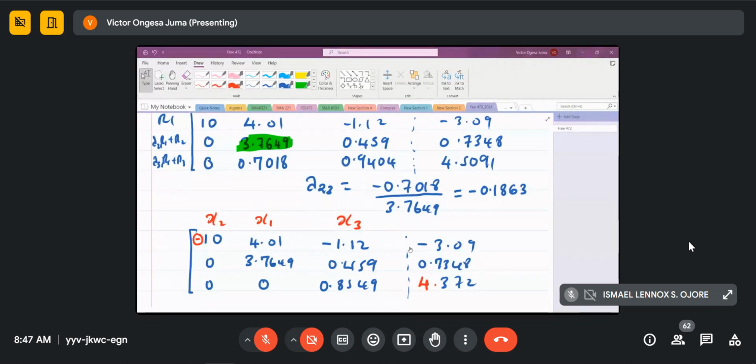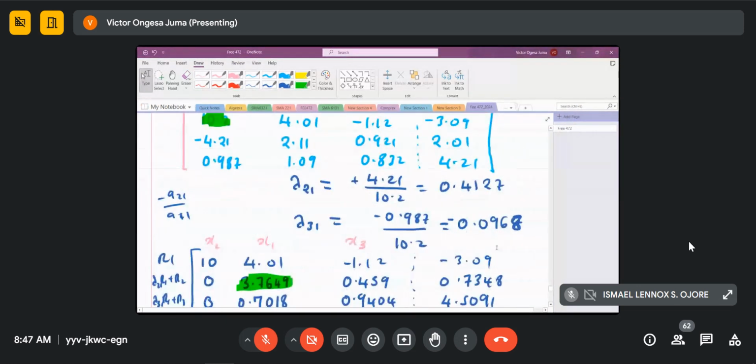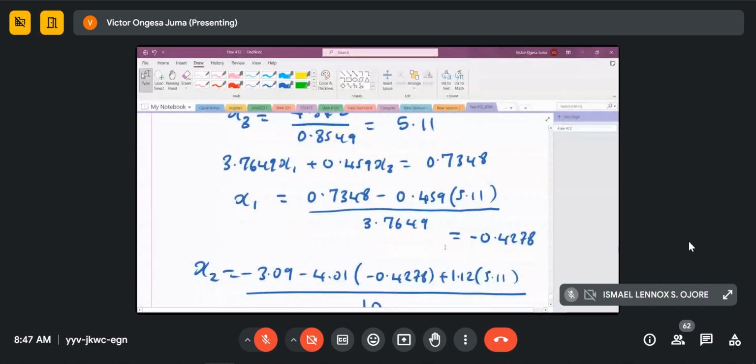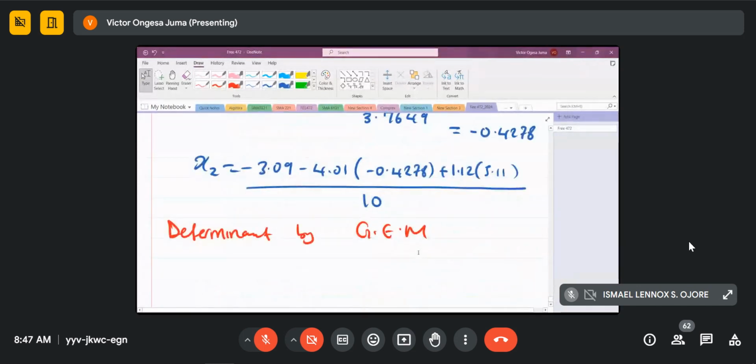If you do your calculations to the same significant figures, then you might get a wrong solution. So for this one, if we wanted our solution to be accurate to 4 significant figures, then you need to work to 5 significant figures or more. So that's a note you have to take: if you want a solution correct to m decimal places or m significant figures, then you should work to at least m plus 1.